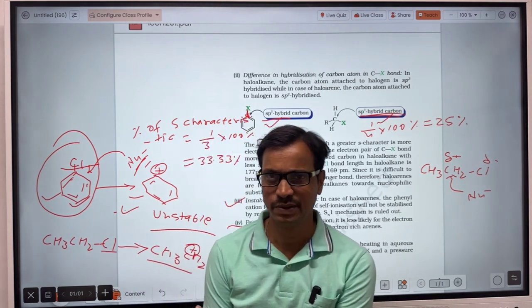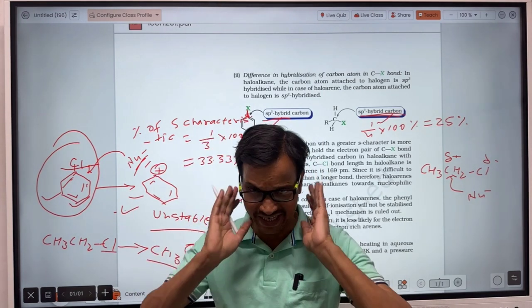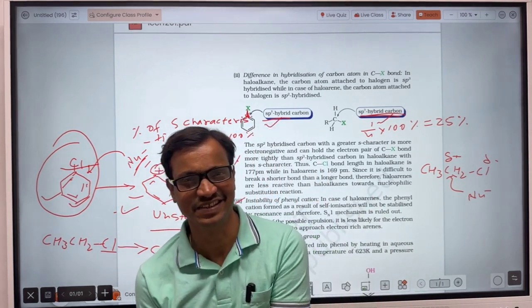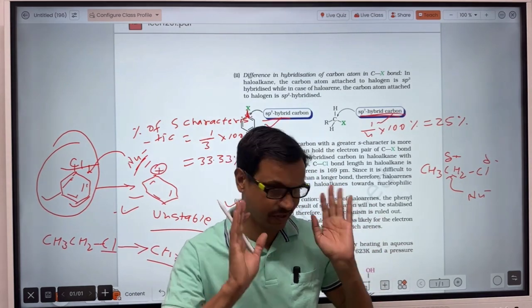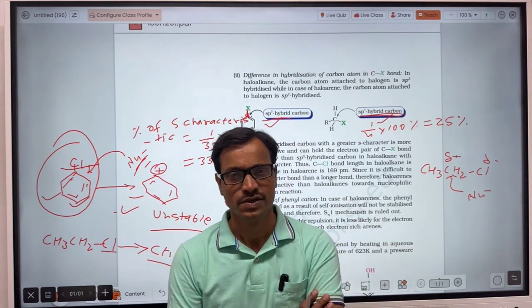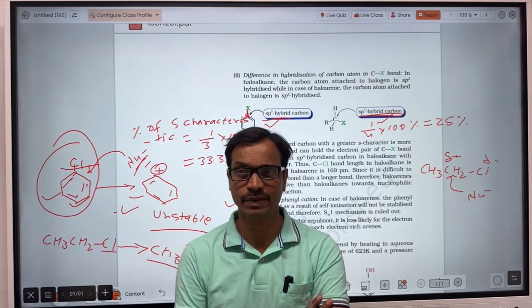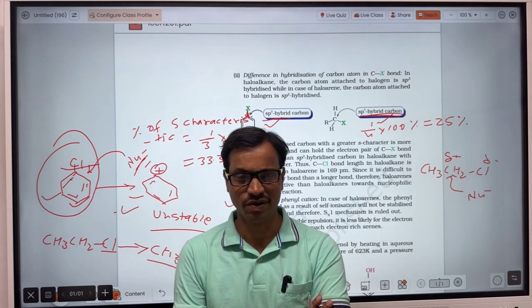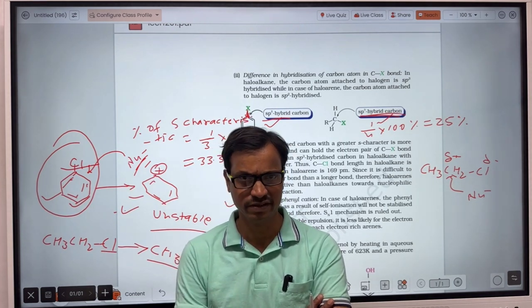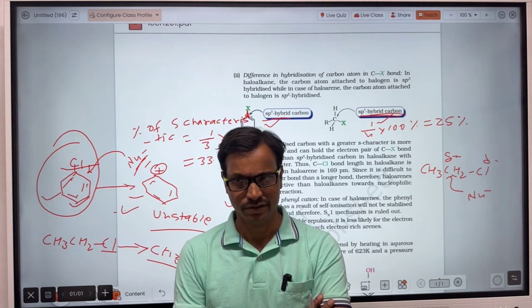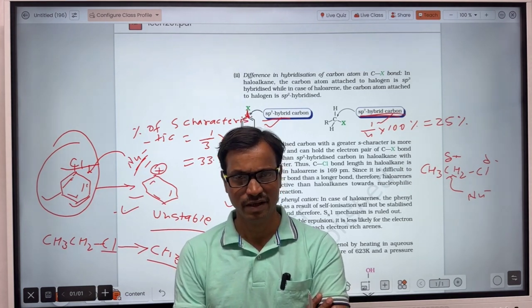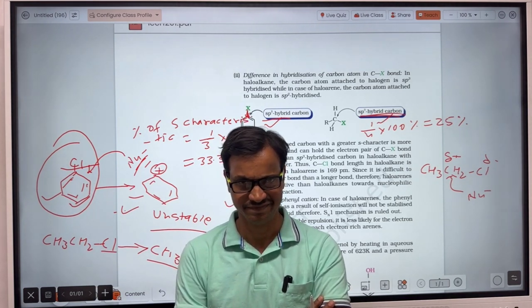You may write that also. If you would like, then write this one also, which I am telling right now. The cleavage of the carbon halogen bond in case of haloarene will be difficult. Number 1, due to resonance, there will be partial double bond character.